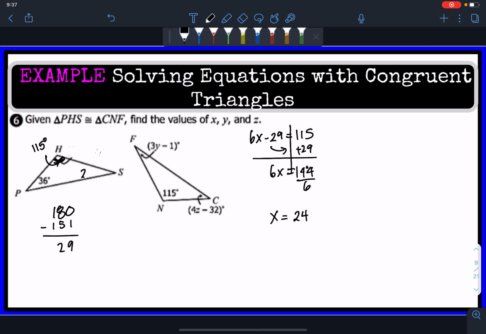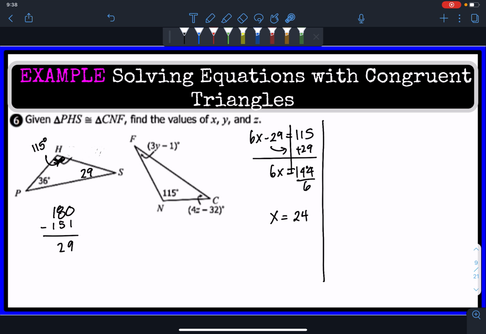So this angle measurement is going to equal 29. So now we can figure out the value of y. This one took a little work to set up our equation, because we didn't know what this angle measurement was, but we knew that these two angles were 36 and 115. So now we can set up our equation.